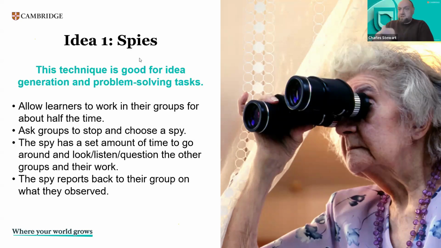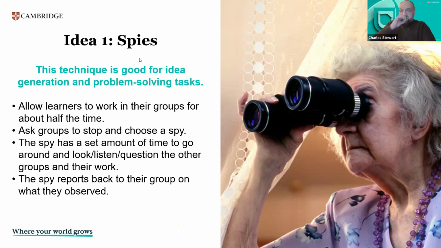This gives them the chance to go around and look and to see what the other groups have put. Or if they're having to answer questions in sentences, explain why, it allows them to see the other group's answers as well before then coming back to my group and me telling them what I saw.